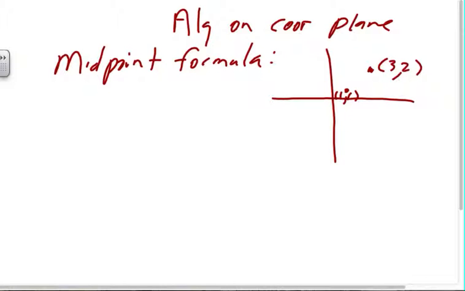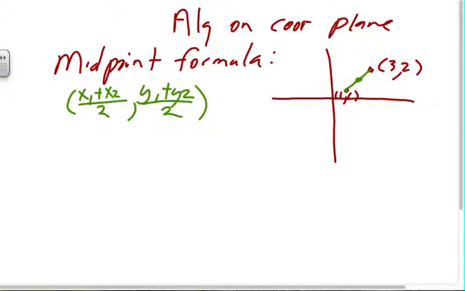So what the midpoint formula does is find a point which, if you connect these with a straight line, will be in the middle. The midpoint formula is (x1 plus x2) over 2, which gives you the x coordinate, and (y1 plus y2) over 2. Or in other words, you're just averaging them. So we can plug in.